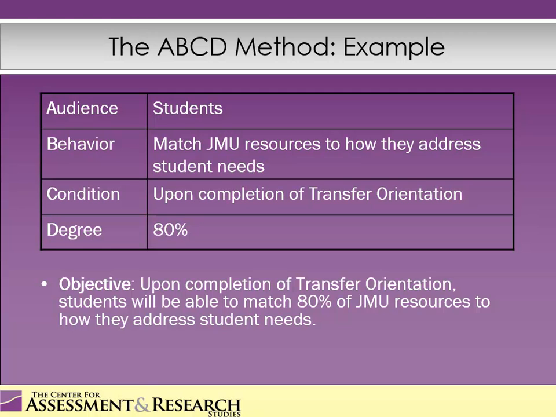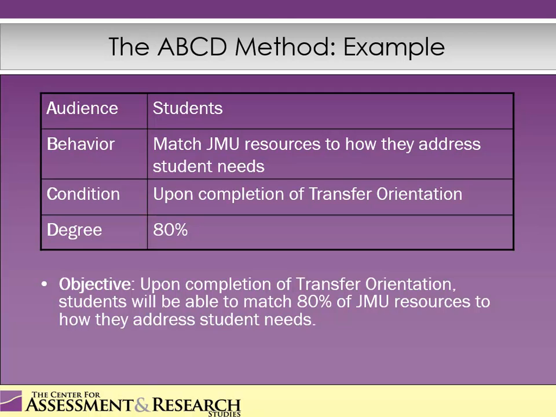Now, let's consider an example applying the ABCD method. First, we identify the audience, which is students in this case. Second, we determine the desirable behavior. In this case, it's matching JMU resources to how they address student needs. Next, we need to explain the condition under which the behavior is to be performed.